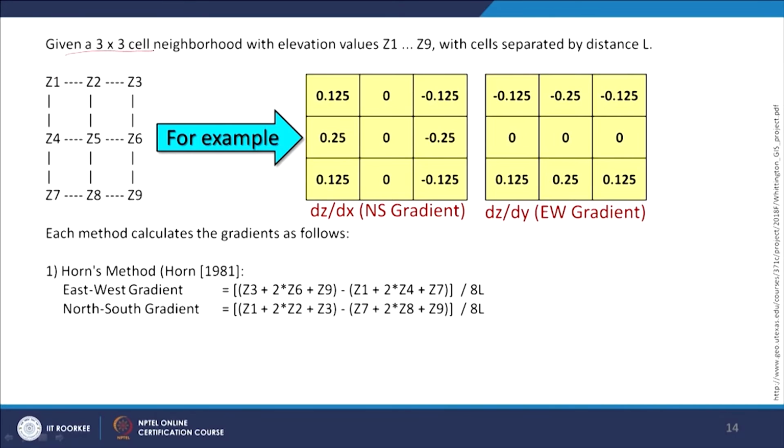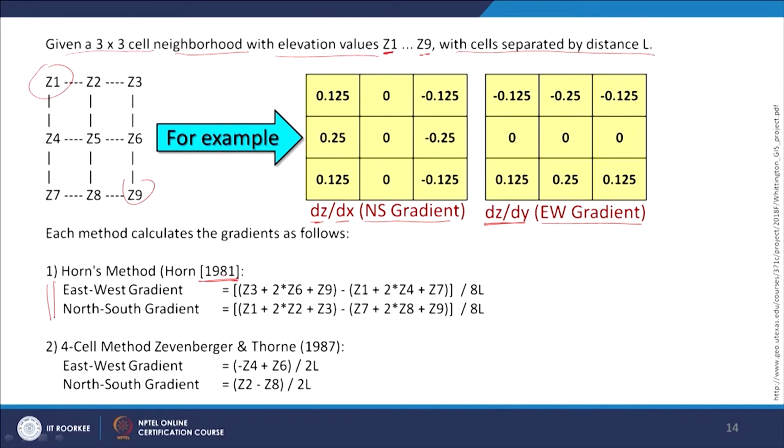So given a 3 by 3 cell neighborhood with elevations Z1 to Z9, with the cells separated by distance L, because it has to be calculated in both directions, dz over dx is a north-south gradient. When I do dz by dy, then the east-west gradient is calculated. So this is what is followed in the Horn method. He gave this idea in 1981, and this is how the calculation will be done. Once these values are substituted, you get the example also.